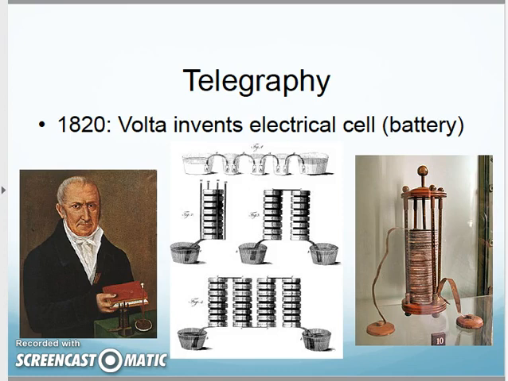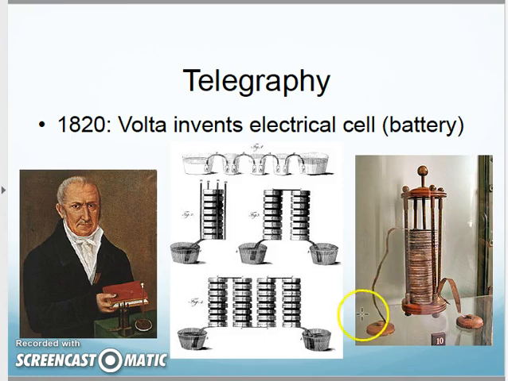Not long after that, Alessandro Volta invents the electrical cell, the first battery. And here is actually a model of that, showing the plates all connected. The cell is basically two different plates of metal, copper, zinc, copper, zinc, copper, zinc, and between them is an electrolyte.